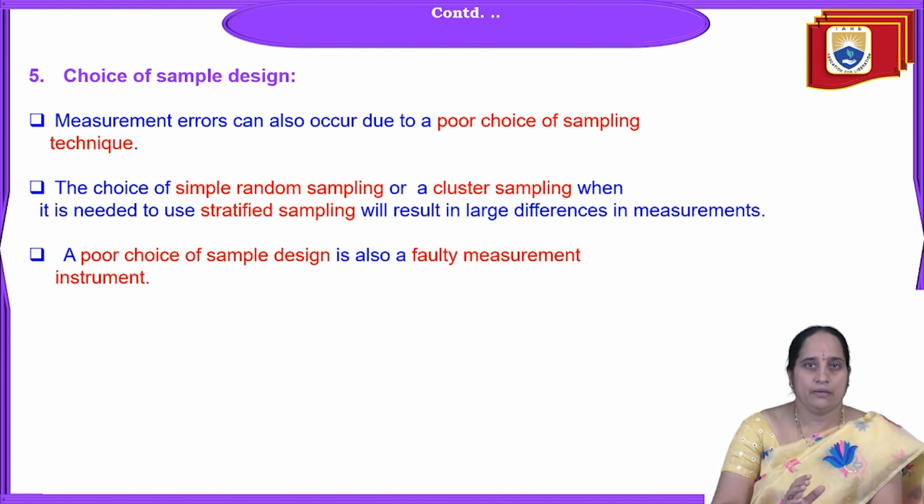For every sample design, the measurement may differ from one type of sample design to another. So a poor choice of sample design also leads to faulty measurement in research studies.